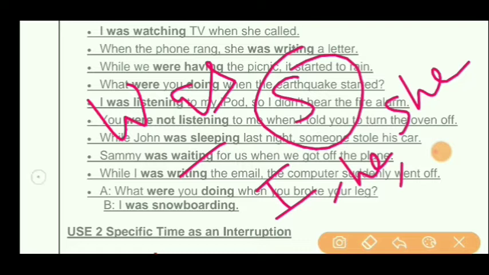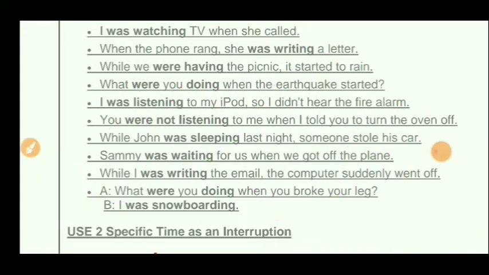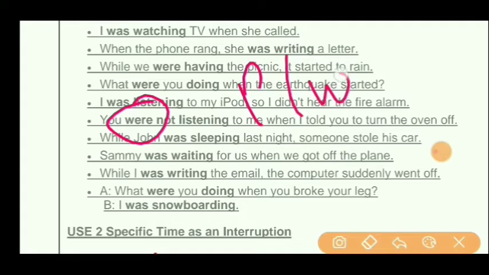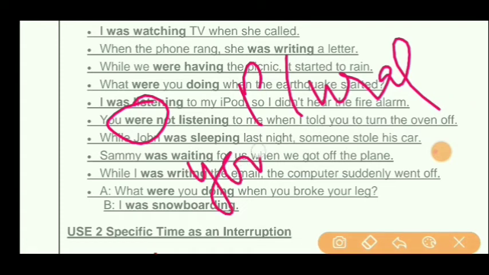Let us take any name, Ronak. And now I come to were. This were is used with plural, for example, you, we, they, and other plurals.